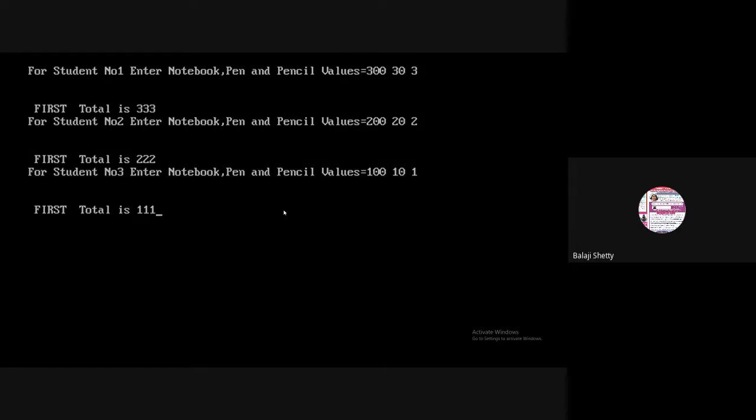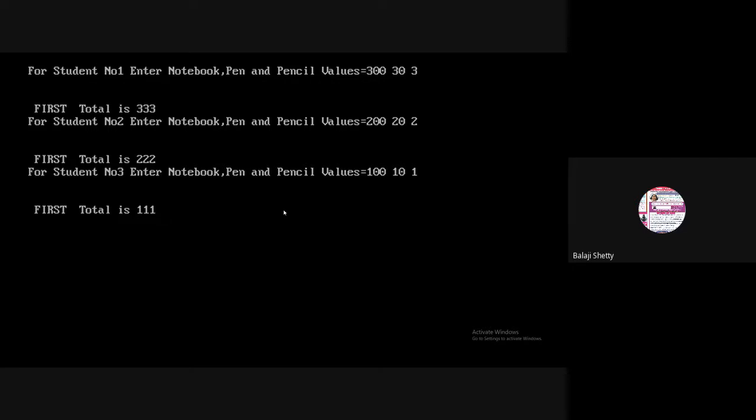Clear? Now my next question to you: if I ask you to write the program for 10 students, notebook, pen, pencil, and print the total, can you do it? Yes or no? Are you understanding it or not? Yes, sir.